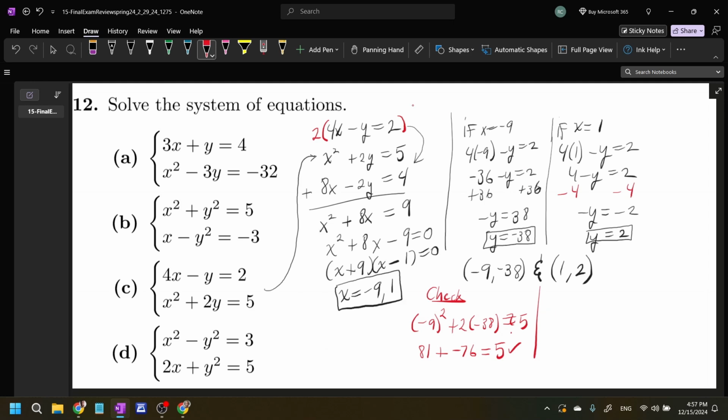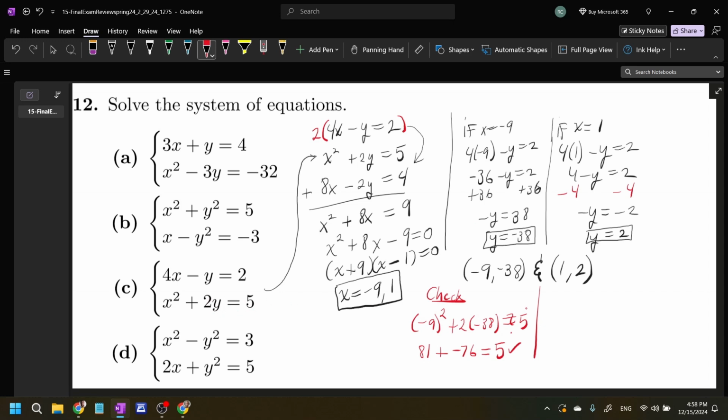Because I plugged my x values into my first equation to get my y values, I'm going to check using the other equation. I could check using the first equation, but it would just look like this. Checking using the equation that you didn't use earlier covers all your bases.